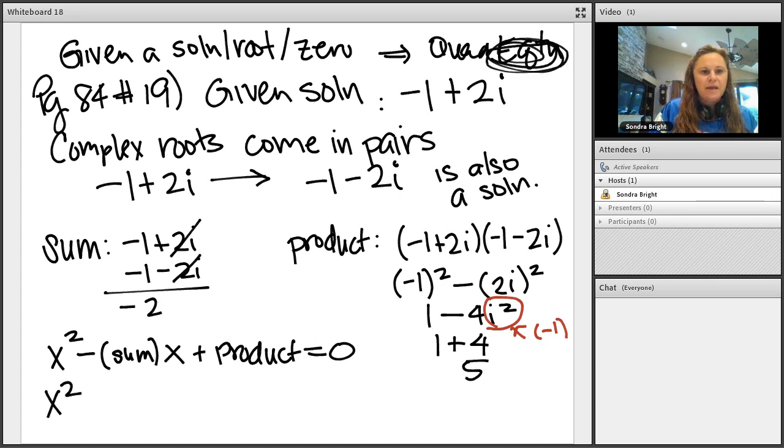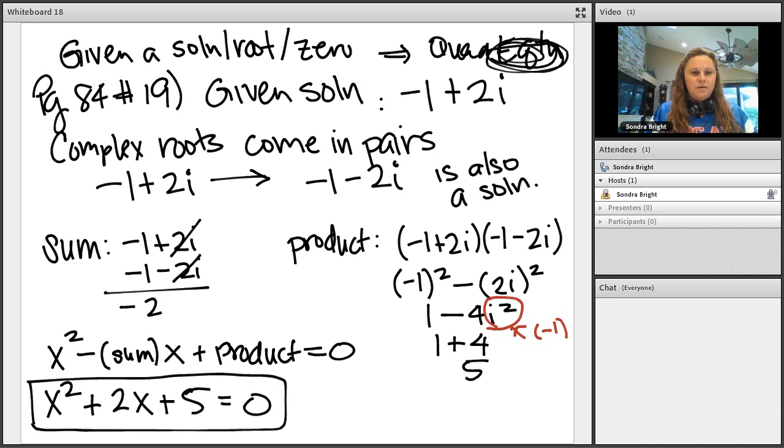So x squared minus the sum, which is -2, so minus a negative makes it a plus 2x, and then plus 5 equals 0. All right, so make sure it's minus the sum. So you'll take the opposite in sign of the sum for your equation. Don't forget the equals 0.